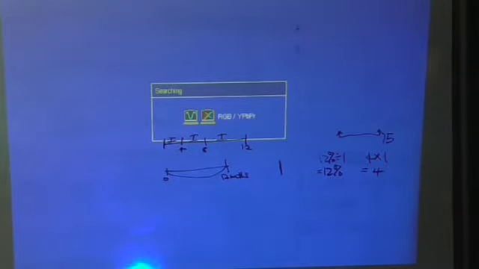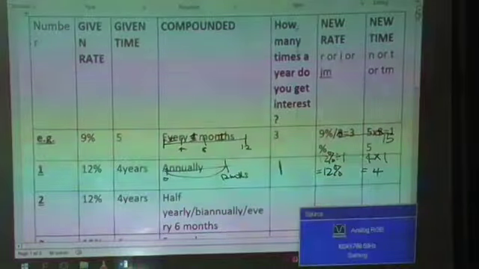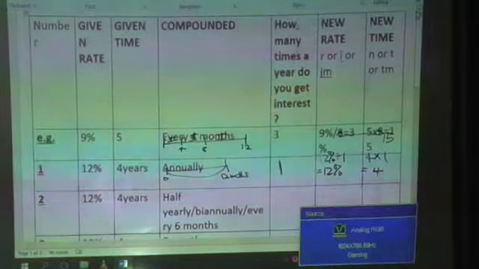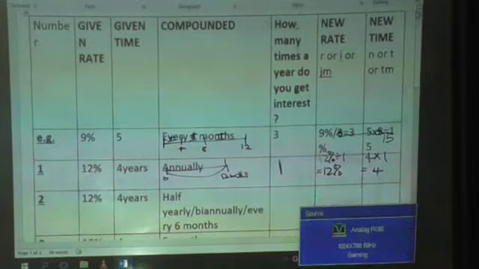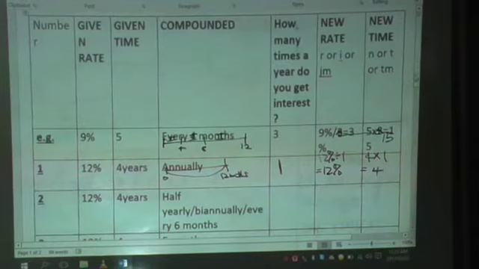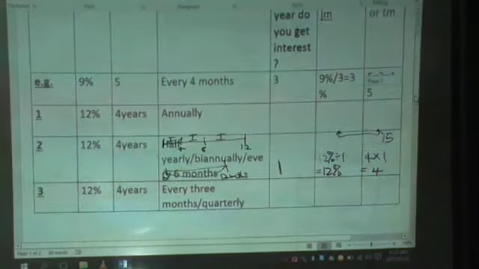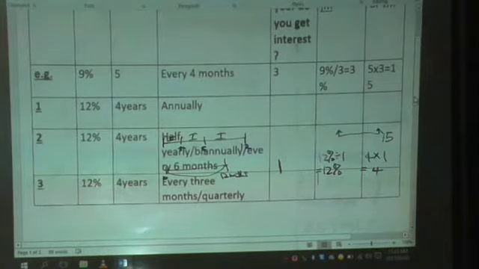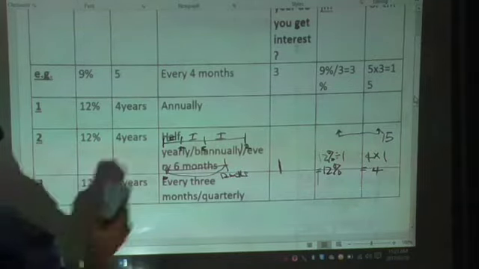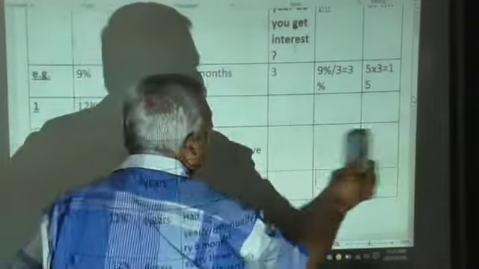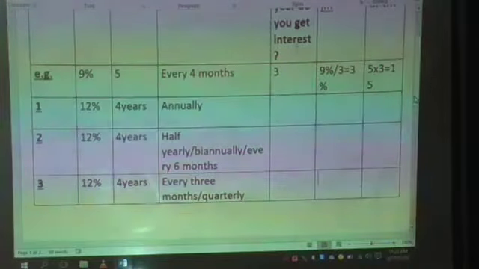Right, let's look at number 2. Have a look at number 2 and try to come up with the answers. I have to remove the answers that were on the board. Now we're doing number 2.